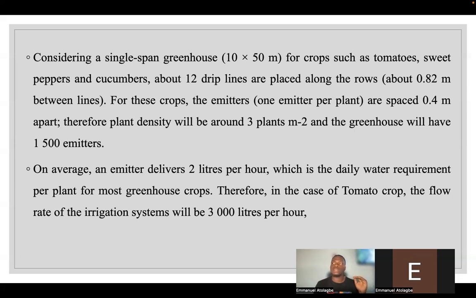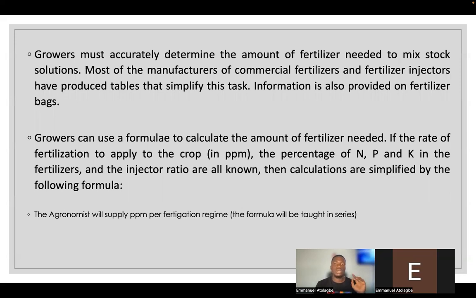So you can divide that 2 liters into 5, or you can divide it into 8, depending on the stage of the plants. Growers must accurately determine the amount of fertilizers. So we have moved from the components of irrigation and fertilizer, what is necessary for your plant to grow. We have discussed the substrates and the secondary fertilizer. Now we are moving to fertilizer mixing for growers. So we are slowly progressing in that light.